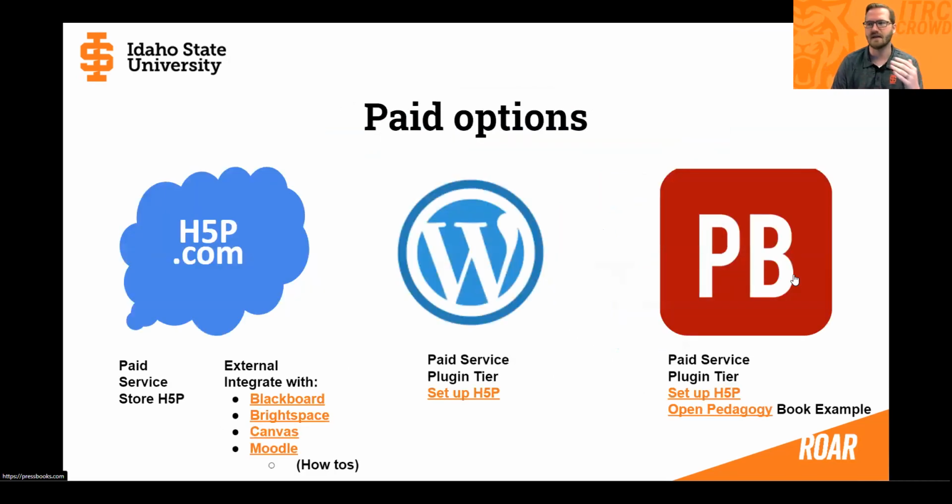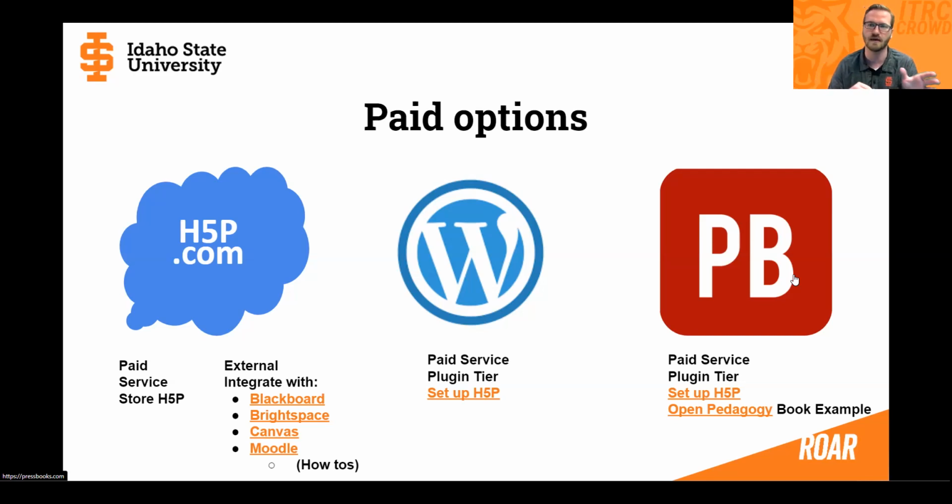The next phase is looking at some of the paid options, because again, the H5P platform is open, but what I found challenging is the storage. So H5P, the same team that manages the .org site, created a service, h5p.com, and it's there for you to store your H5P.